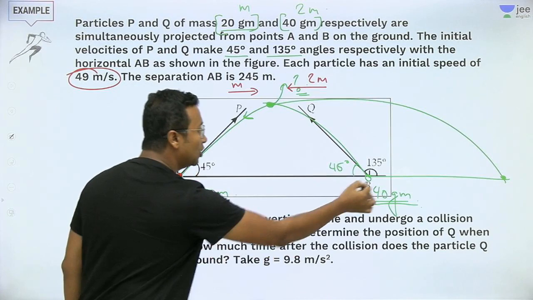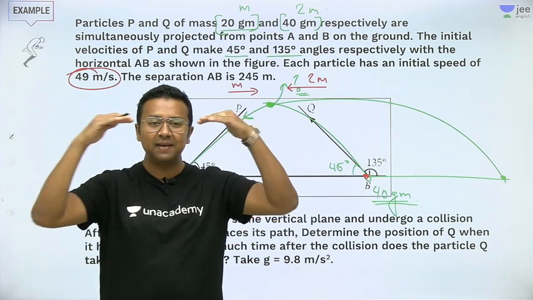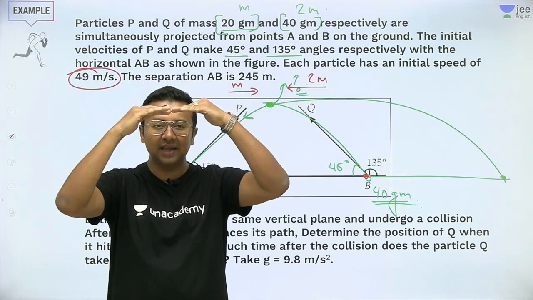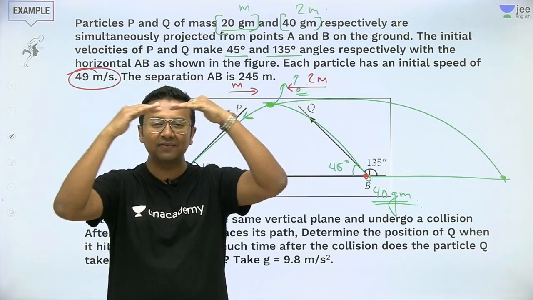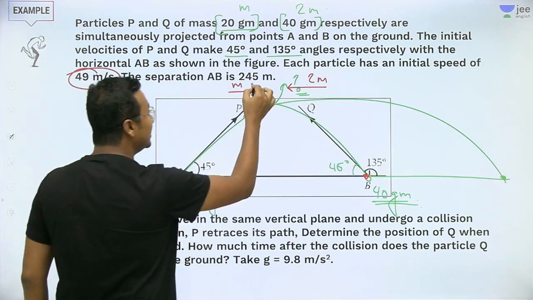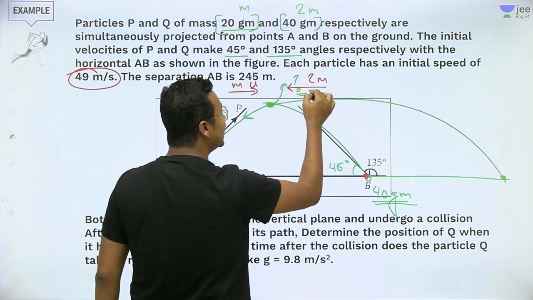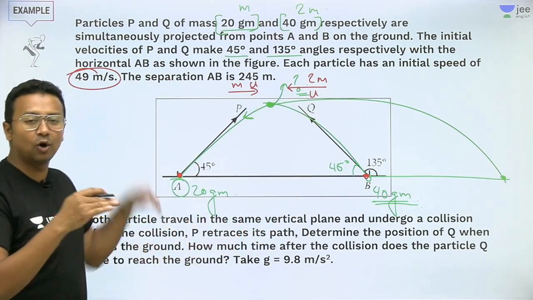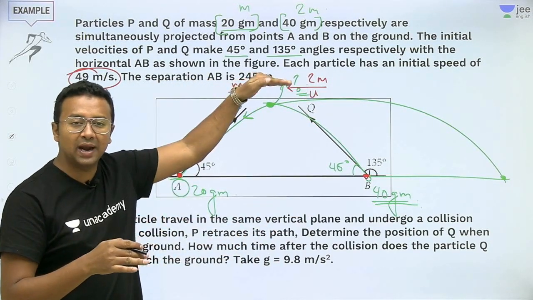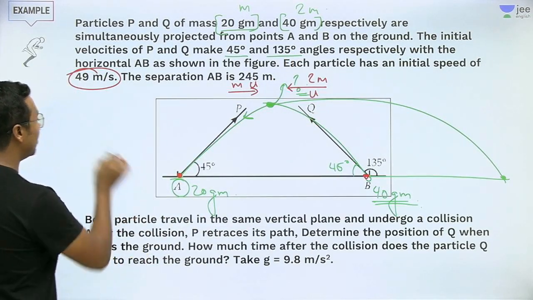At the highest point, they will be coming up with the same velocity. So here this is coming with u and this is also coming with u. Let me say that the horizontal component of the velocity is u at the highest point.